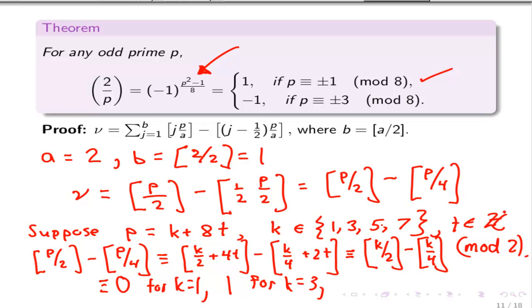Plug in k equaling 5, and you get 2 minus 1, which is 1. So we get 1 for k equaling 3 and 5. And then finally for k equaling 7, you'd have 7 halves, which is 3, minus 1 is 2, which is 0 mod 2. And that accounts for all of these cases. So 1 and 7 is plus or minus 1 there.